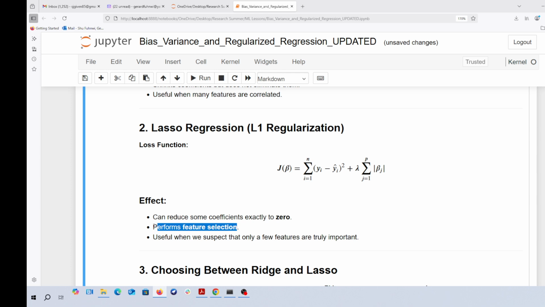That's why we can use this technique as a feature selection method.